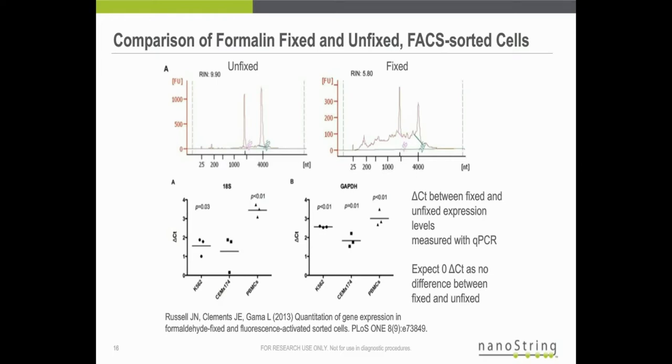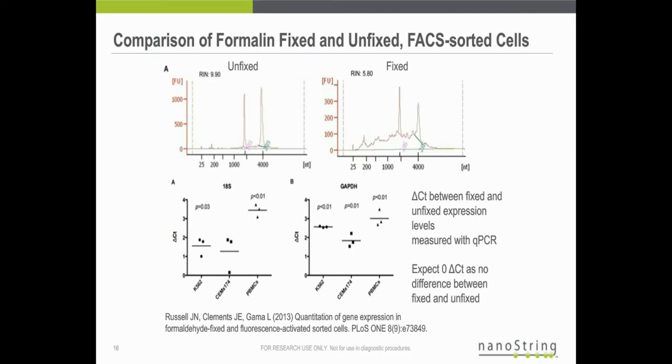The data on this slide are the qPCR data, and what we're looking at are the delta CT between fixed and unfixed cells for 2 different genes, 18S and GAPDH, among 3 different cell types. So obviously, we'd all like to see a delta CT of 0 to be sure that our technical procedures weren't impacting our biological readout. But in this case, you can see that in 5 of 6 instances, fixation led to a significant difference in gene expression as measured by the qPCR.